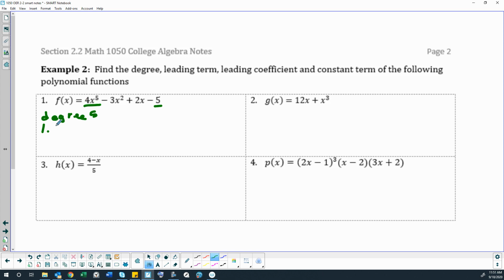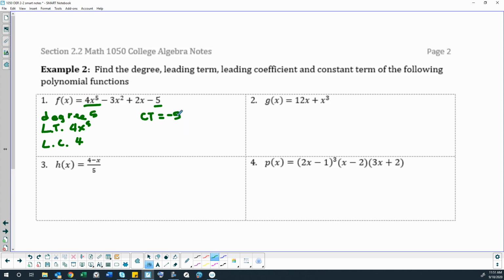The leading term, I'm just going to call it LT, is 4x to the 5th. The leading coefficient, I'm going to call it LC just because I don't want to write that all down, is just the 4 at the beginning of our leading term. And our constant term is -5.